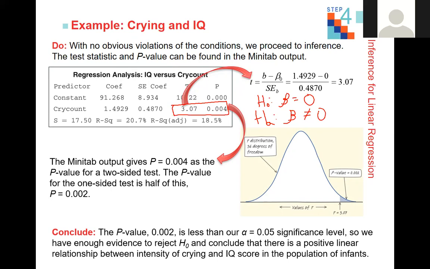But usually our null and alternative are going to be our slope is 0 versus our slope is not 0, or our slope is 0 versus our slope being greater than 0. In that case, this does help you. The reason it does help you is because this is my two-sided test p-value, and I want to get to the one-sided test p-value, so we can just take my 0.004 and cut it in half, because I only want the right tail, to be 0.002.